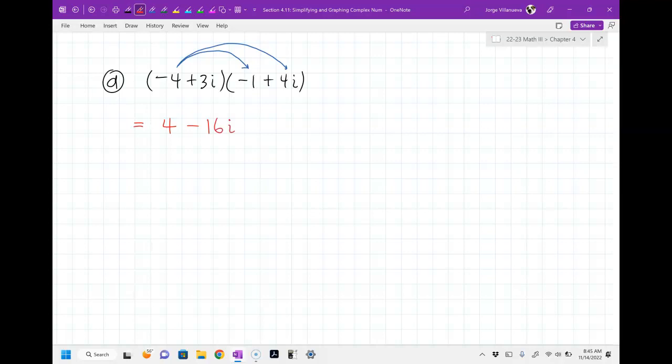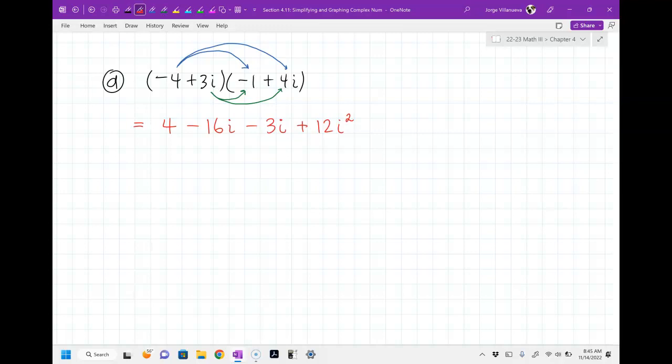All right, now let's do the other term, the 3i. So 3i times negative 1, that's negative 3i. And then the last one, 3i times 4i, what should I write for that? It's a positive what? 3i times 4i. 12 what? Someone said it. Yeah, 12i to the second power.